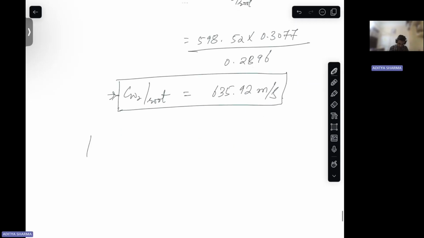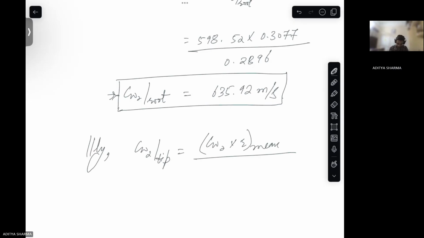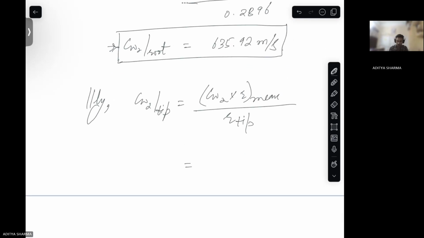Then similarly, CW2 tip is equal to CW2 into R of mean by R of tip. This will come out as, okay.